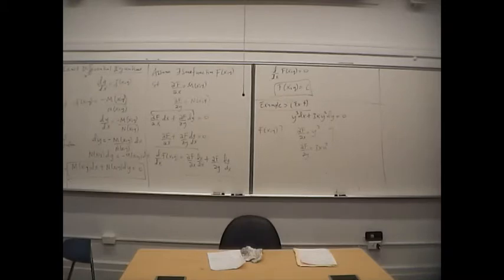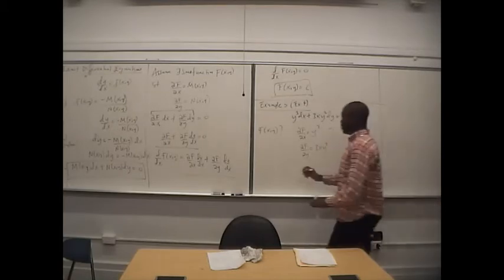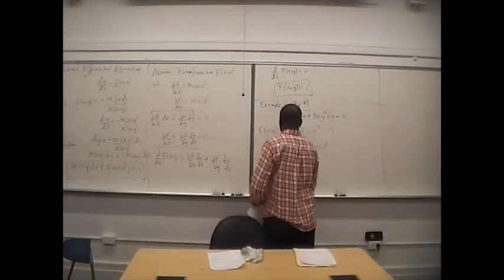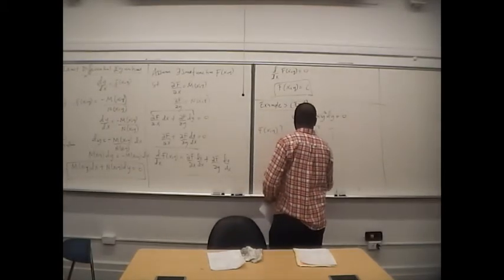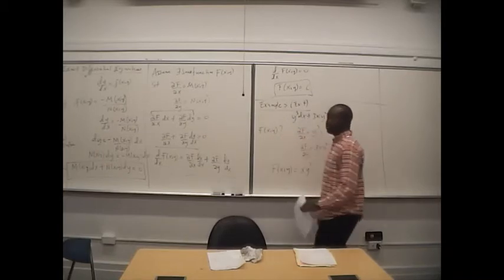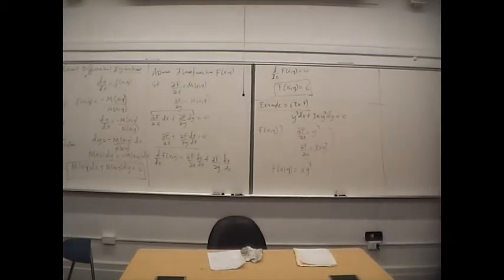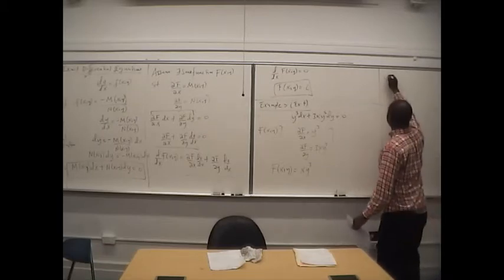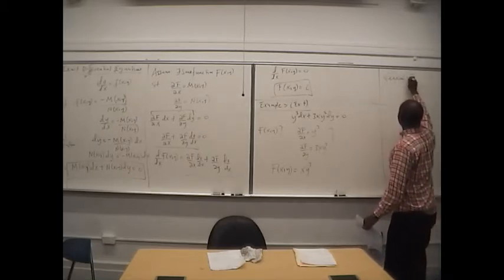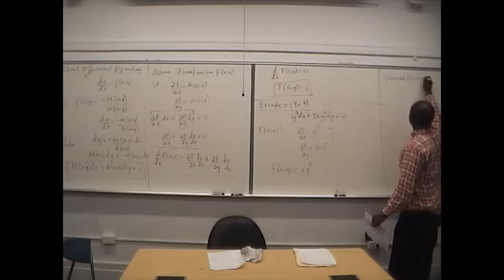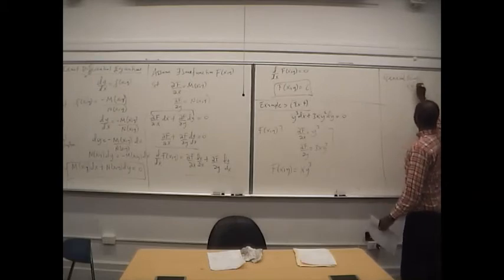Yes? x y cubed. So f of x, y is x y cubed. What does that mean? Well, it means that my general solution is x y cubed equals c.